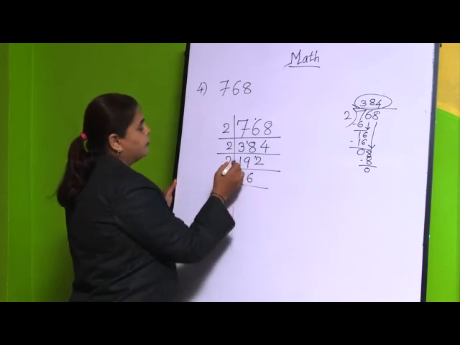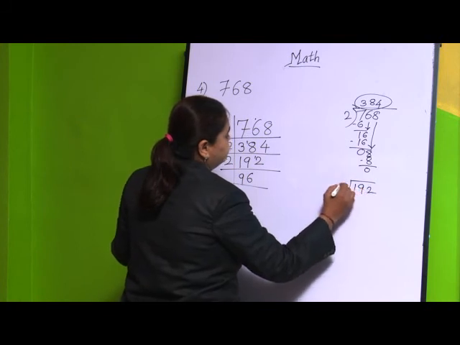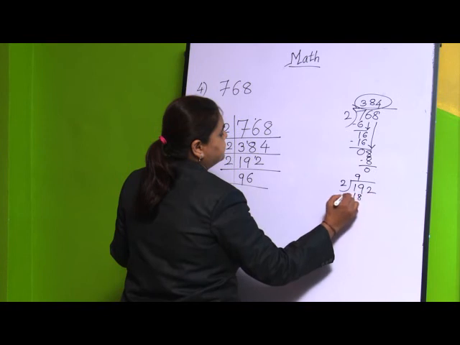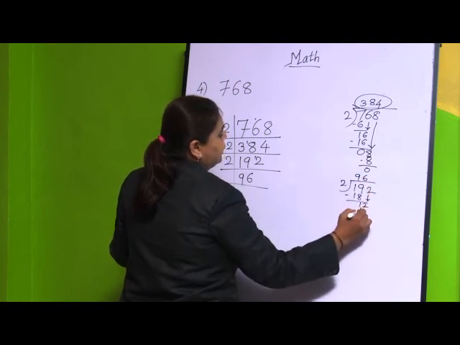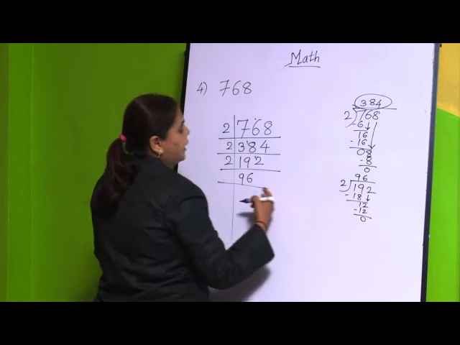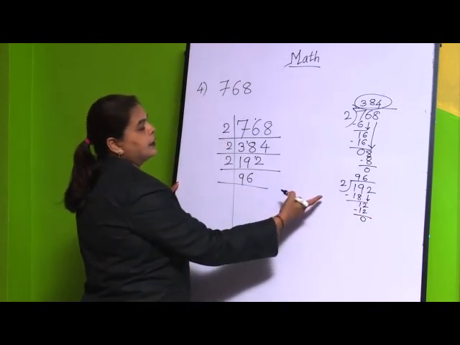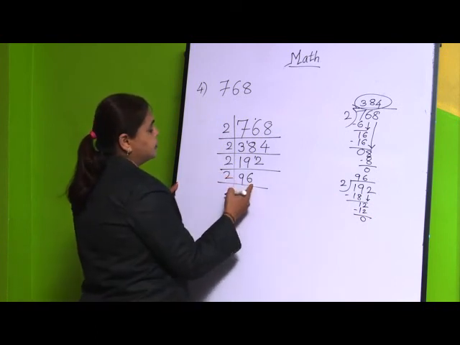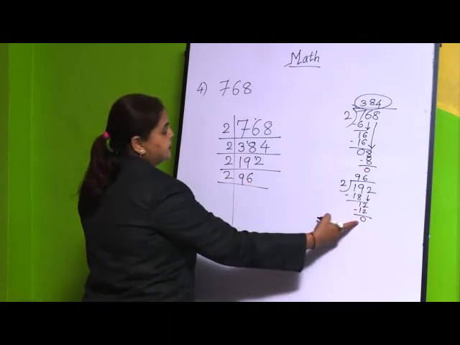If you are finding it difficult, you can do it in this way. The answer will be the same, 2 9s are 18, 2 6s are 12. If you are getting confused, you can do the simple division and find it out. Here again it is an even number in the ones place, so again it will be divisible by 2 with a remainder of 0.